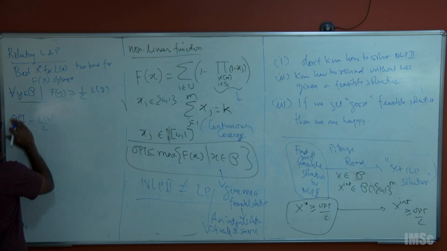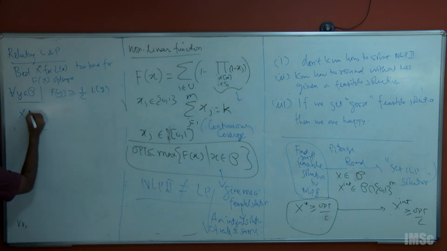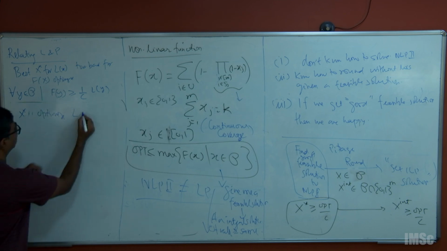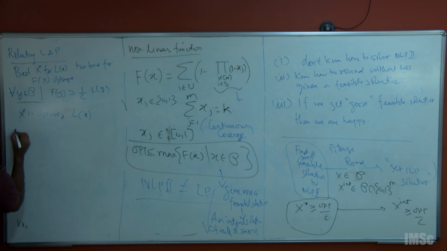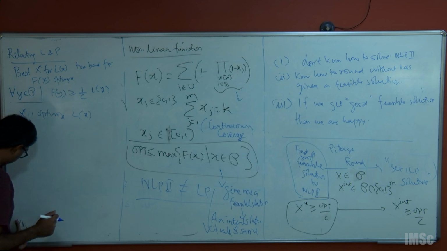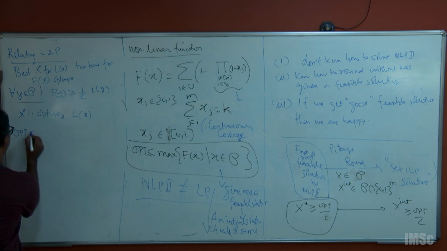If I show this, then suppose x star optimizes the L function, L(x). So now let's look at this. Suppose the relation between x star and opt is... Okay, so what do we know about opt?